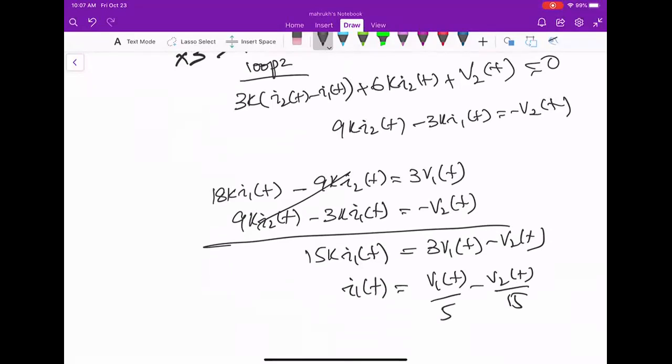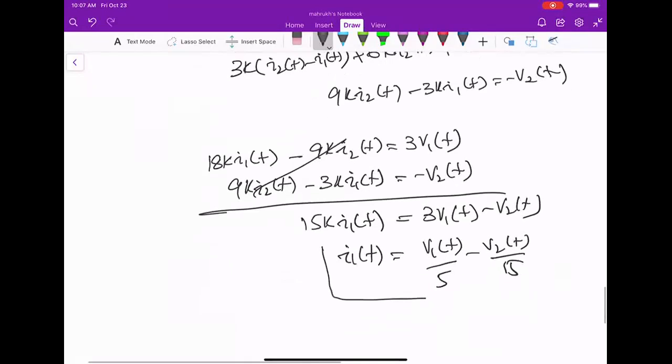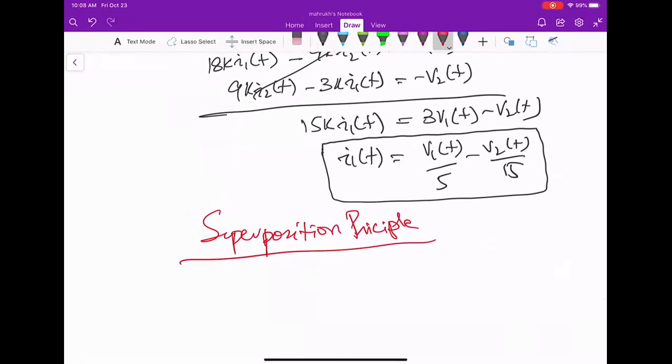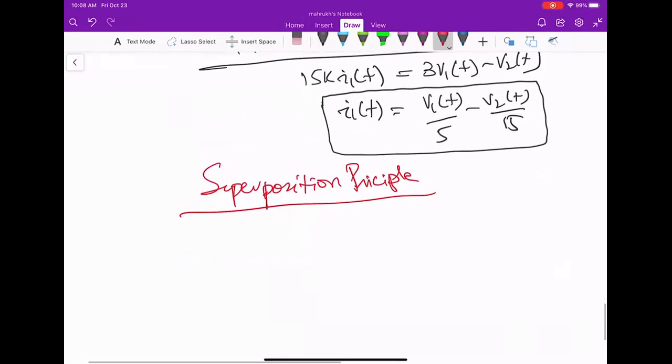I just don't want to calculate any other thing. I will just compare whether I get the same equation with the superposition principle or not. Okay, so now I am going to apply the superposition principle. The superposition principle says to short circuit one of the sources to know the effect of another source.